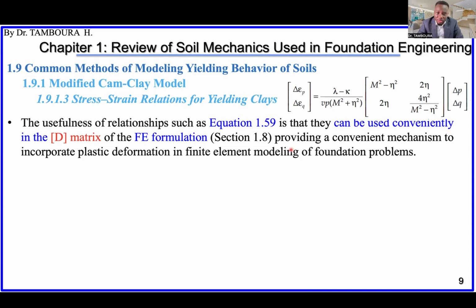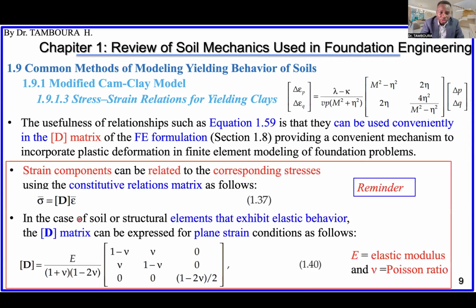What is the D matrix in FEA formulation? I will put this here as a reminder. This is section 1.8. The D matrix is the link between stress and strain, and this is what all FEA formulation needs. It is necessary in any FEA formulation, and we gave an example before.